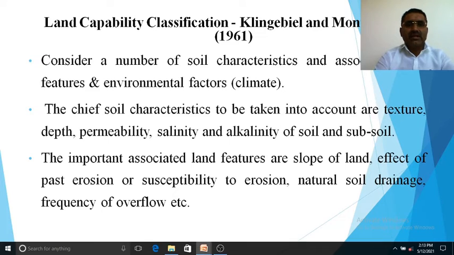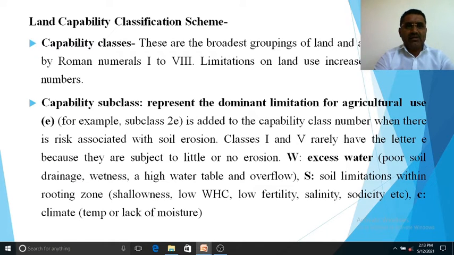Whenever we have to do the land capability classification of any field, we have to consider the texture of that soil, depth of that soil, permeability, salinity and alkalinity of the soil, not only soil but even of the subsoil. The important associated land features are slope of land, effect of past erosion or susceptibility to erosion, natural soil drainage and frequency of overflow, etc. So these are associated land features which are supporting or which can affect the land capability. So these points are very important in the land capability classification.